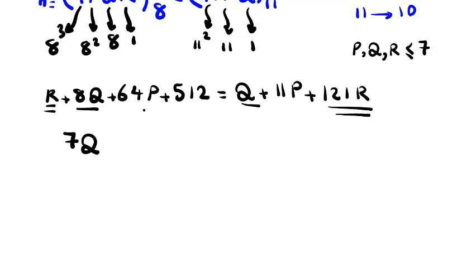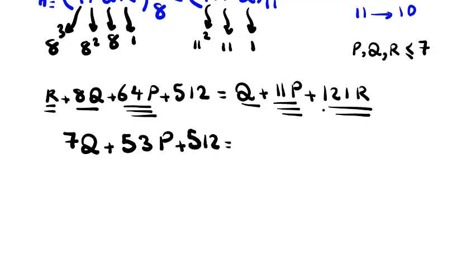Let's first fill the left side. 64P minus 11P, if you subtract, it will be 53P plus 512 equals 121 minus 1, which equals 120R.